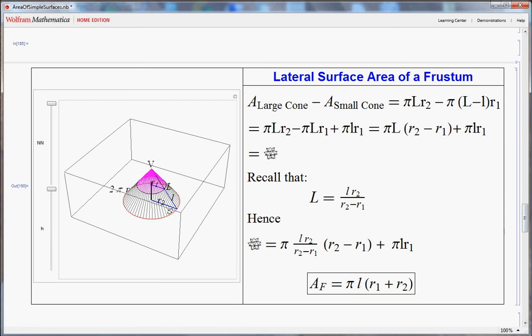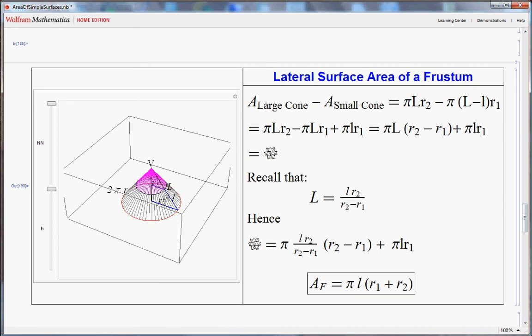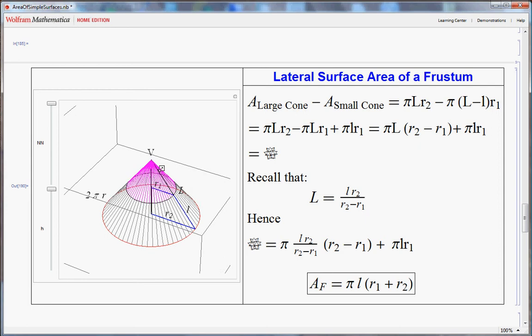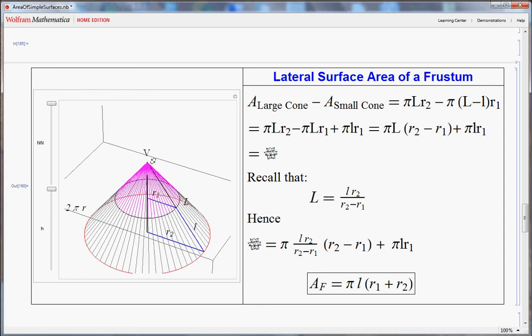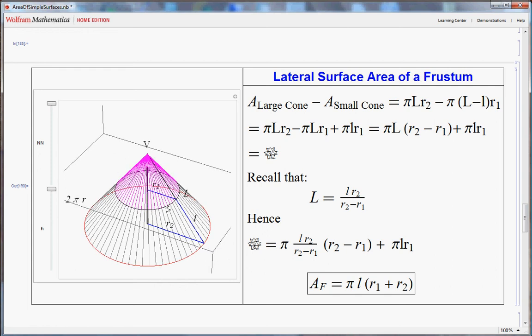Okay, so what is this area we're looking for equal to? How do we go about finding it now? Well, it is the difference of the areas of the large cone and the small cone, the magenta cone, which we have chopped off. So we take the large cone, we subtract from it the area of the small cone, and we know the formula for the area of a cone, so let's apply it.